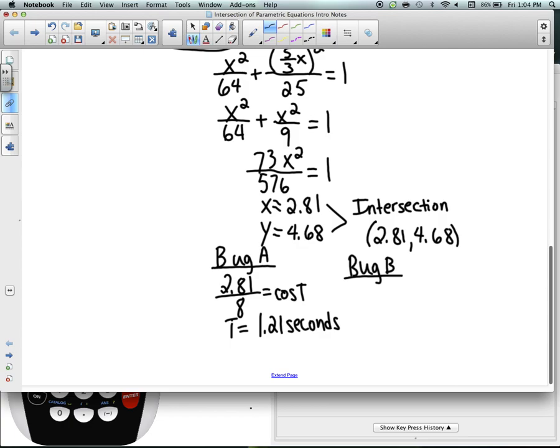Do the same thing for bug B, and you get a different time of 0.94 seconds. So bug B gets there sooner than bug A.